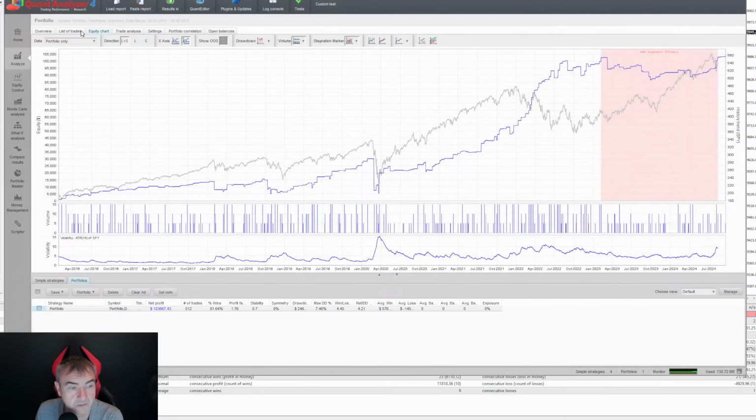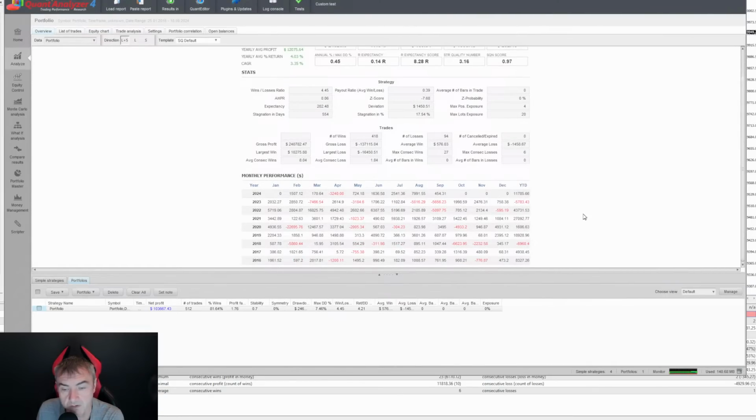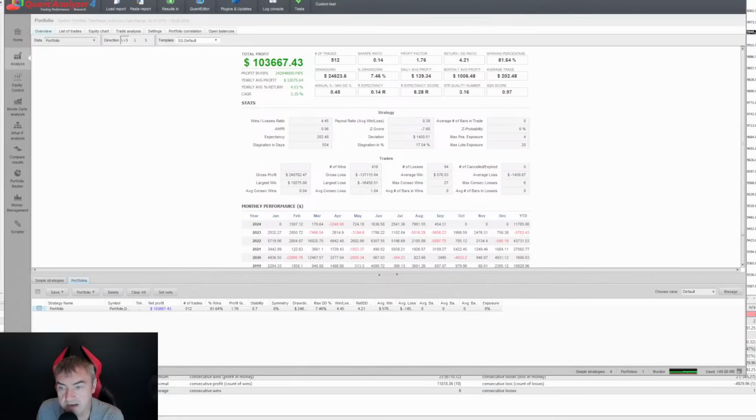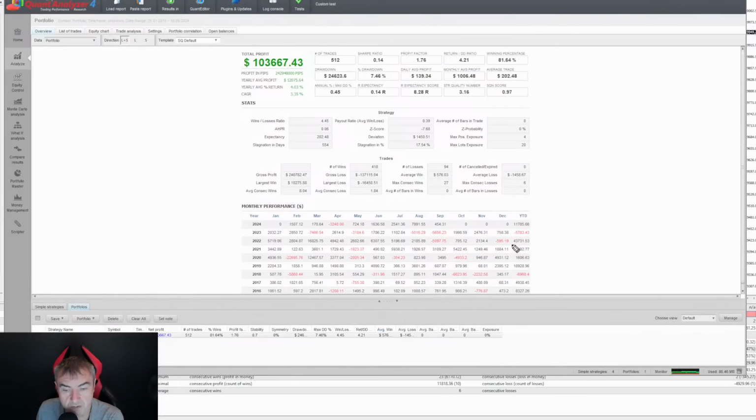Look. Yeah. So when you look at the overview on the portfolio, we've got 1 year that made 43 grand. We've made 103 grand in the entire 8-year test period, but pretty much 40% of that came in 1 year in 2022, the interest rate rally.